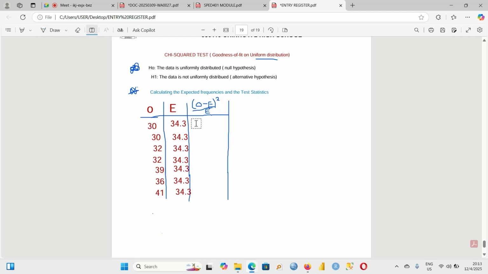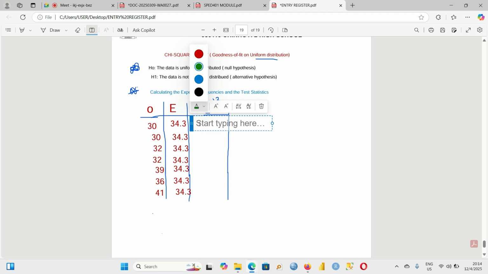Maybe you may verify with your calculator. So here I'm saying 30 minus 34.3.